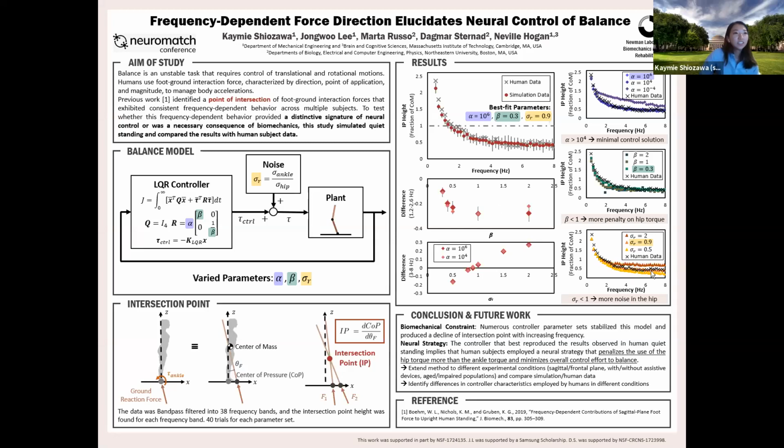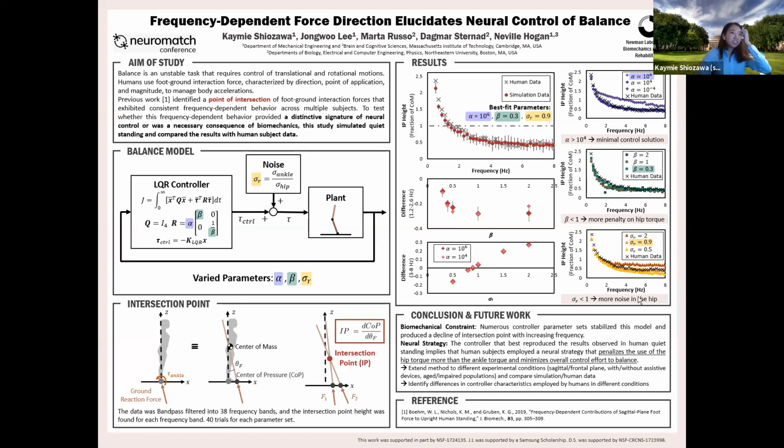Yeah, exactly. So actually, the result that troubled me the most is that I found sigma r less than 1, where there's more noise in the hip, resulted in the best fit parameter for the noise ratio.